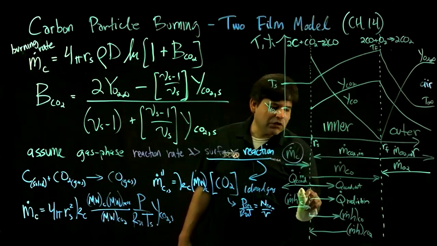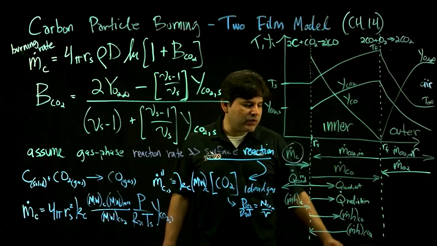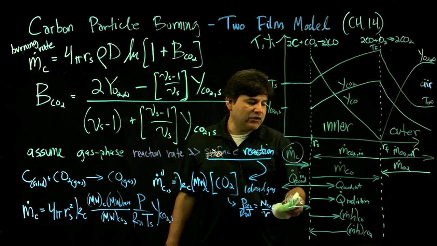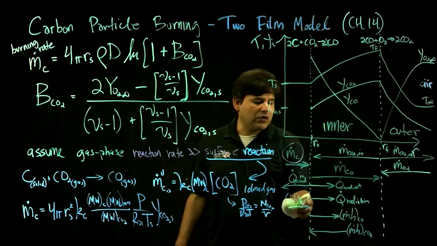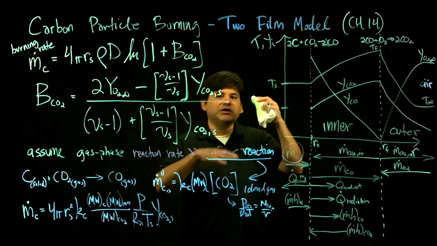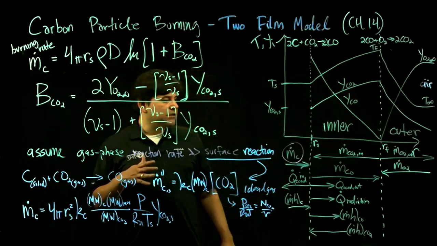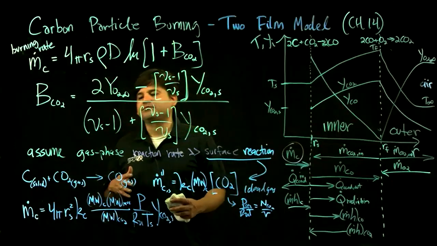Because the surface is glowing, we have radiation losing energy from the surface out to the surroundings. And then there are these other sensible enthalpies of the carbon, the CO, and CO2 that take energy to raise or decrease the temperatures of those molecules. So that's the energy balance.